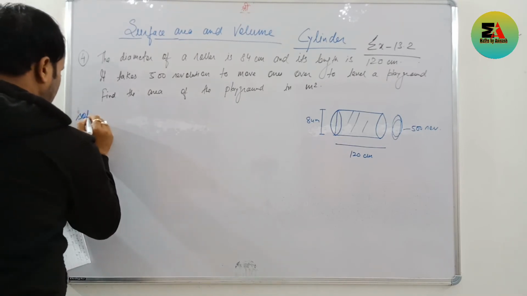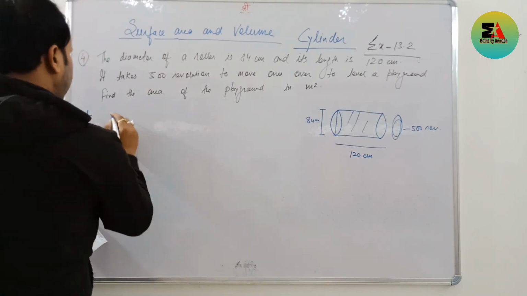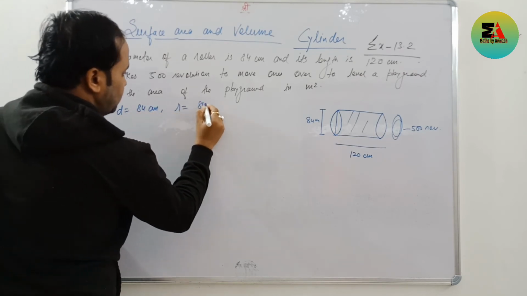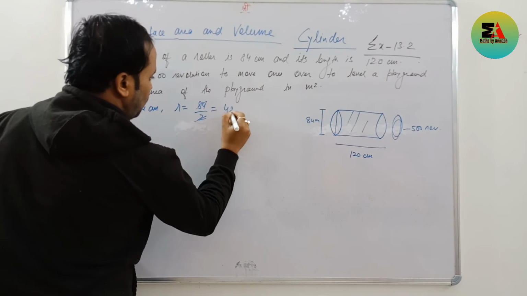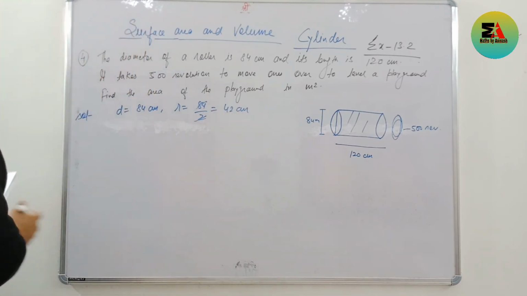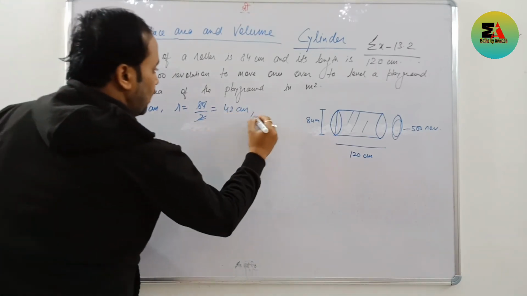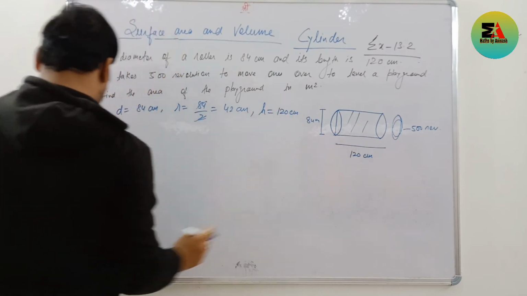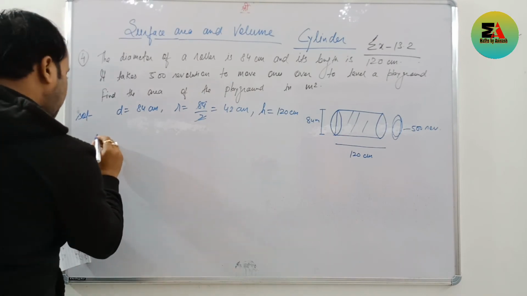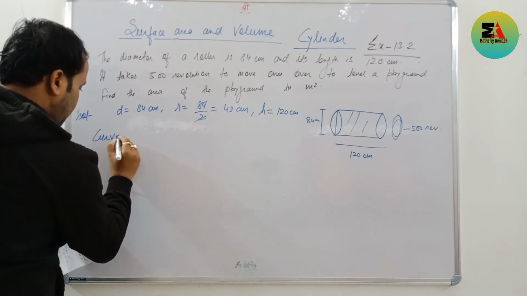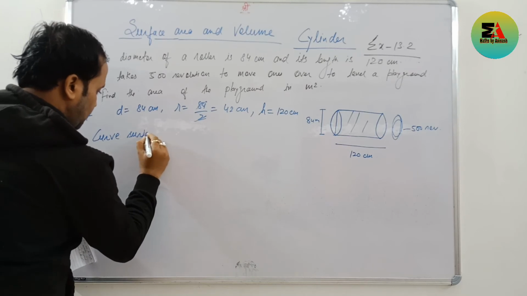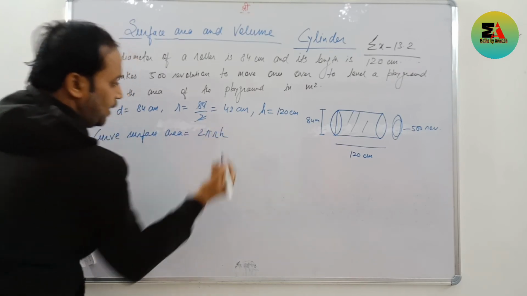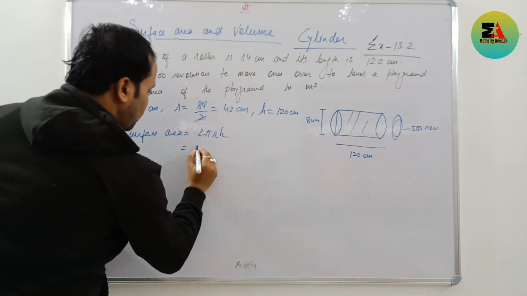Now solve this question. Diameter is 84 centimeter. Calculate the radius: 84 by 2 becomes 42 centimeter. And length, meaning height of the roller, is 120 centimeter. Therefore curved surface area is 2 pi r h.